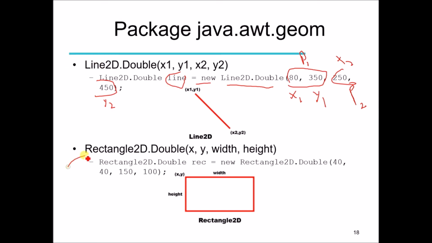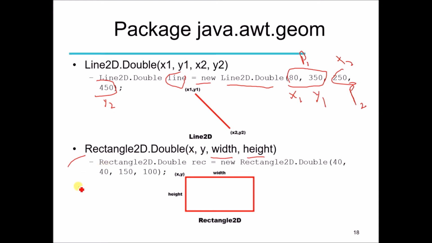Similarly, we can create the object of the class rectangle 2D double, and the parameters are similar to the parameters we passed to the method draw rect, that is the top left corner of the rectangle with respect to the Java coordinate system, in which the origin of the screen or the frame is on the top left corner, and then the width and height of the rectangle. But this time these parameters are used to create or construct the rectangle object.